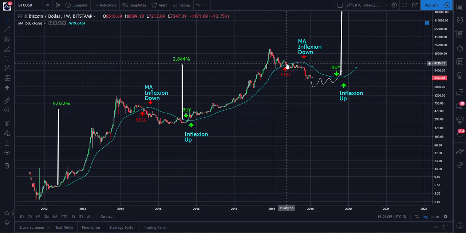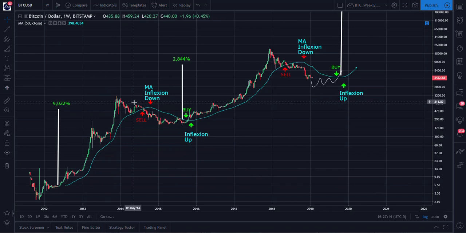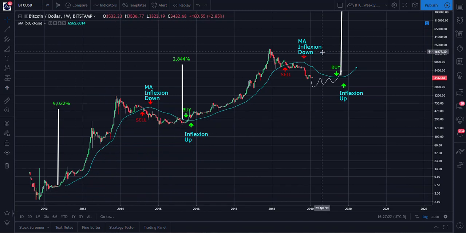So let's say you went short here and you're still holding onto your shorts, and you hold it until the price goes above the moving average. So you can play both the long side and the short side using the exact same trend following method of this 50-week moving average. That is the beauty of this.